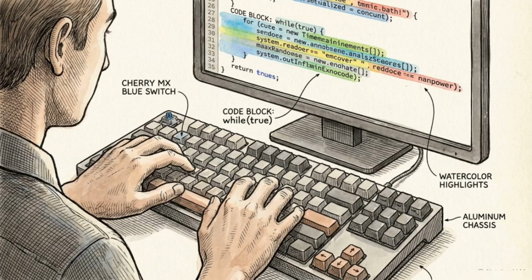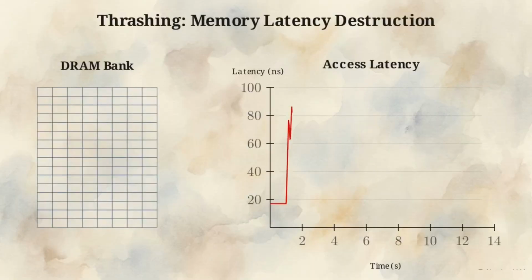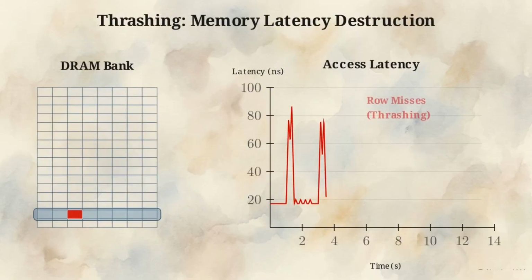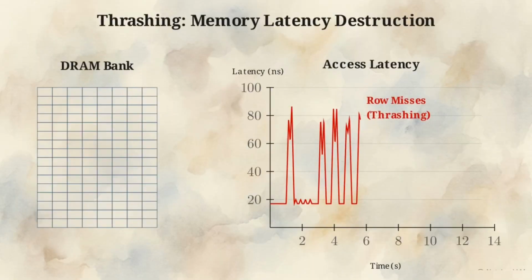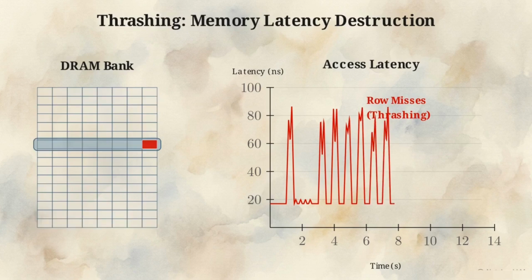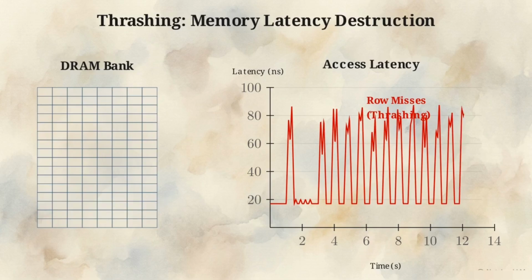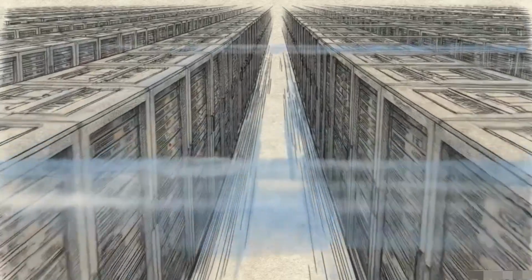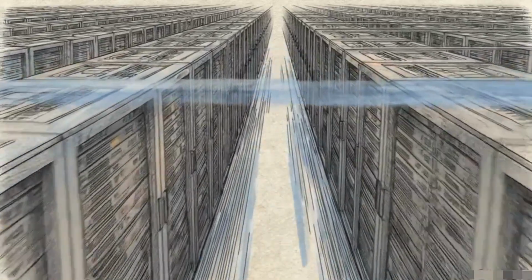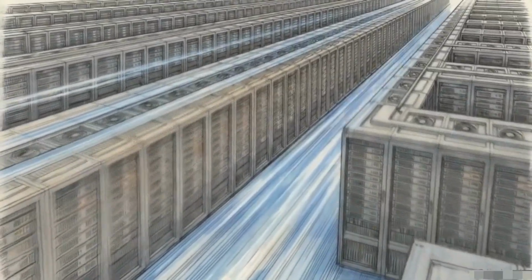This hardware reality directly impacts software logic. If a program forces the memory controller to continuously open and close different rows, it causes thrashing. Forcing the hardware through the row activation sequence over and over destroys latency. Because of the time required to activate these physical rows, modern compilers and game engines prioritize contiguous memory allocation.